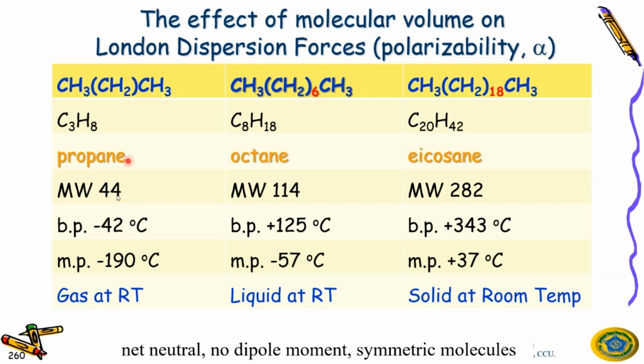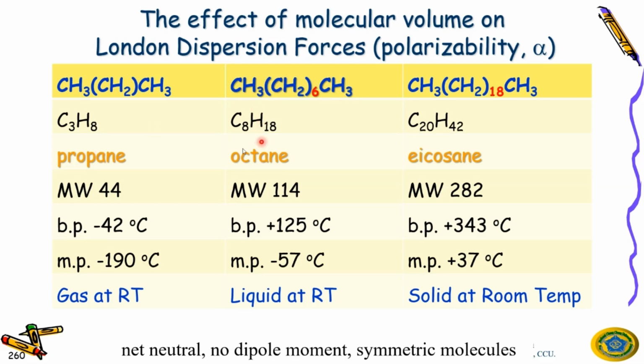So as you can see, propane is a gas at room temperature. Octane is a liquid at room temperature. And this is icosane. When you use a cooker, you use propane, right? It's in gas form.